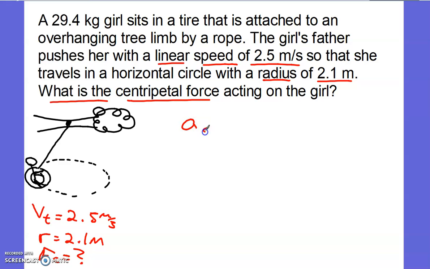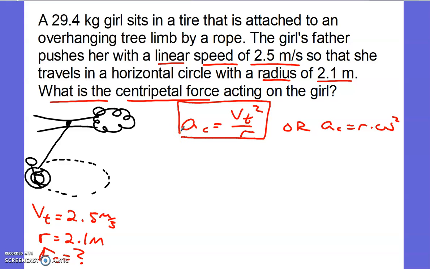And there's two formulas for centripetal acceleration. Because we are given v and r, we want to use the first formula, v squared over r, instead of the second one, r times omega squared.